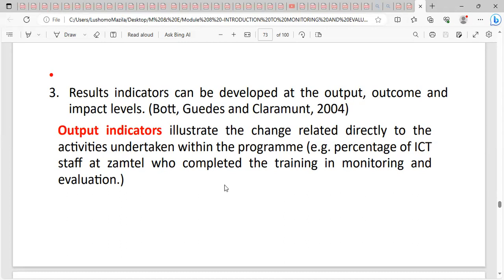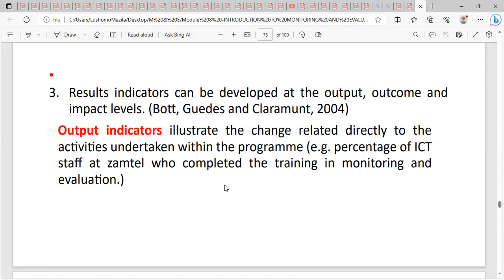Since the training is an activity, that is a process. For the process indicator, we are talking about the number of trainings that occurred. But if you are told to give an indicator for an output, we look at each training and how many people attended.